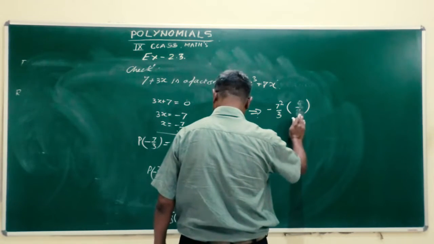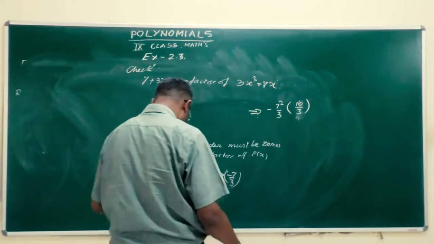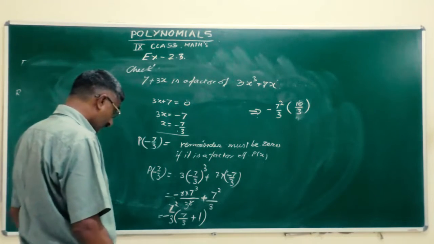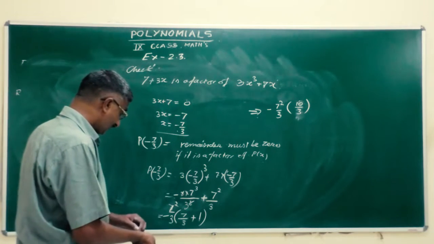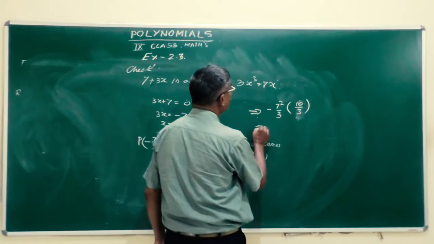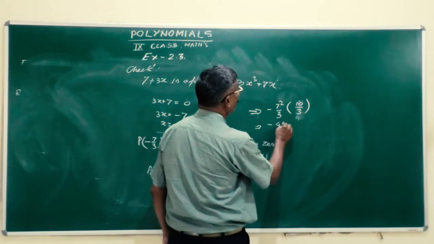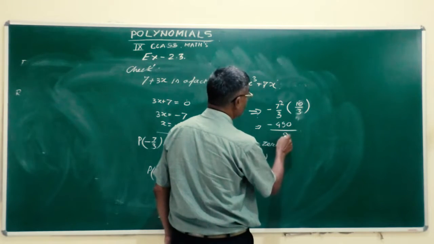So this is 7 plus 3 is 10 by 3, so this is equal to minus 490 upon 3 times 3, which is 9.